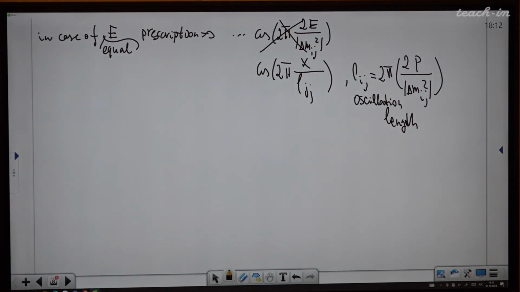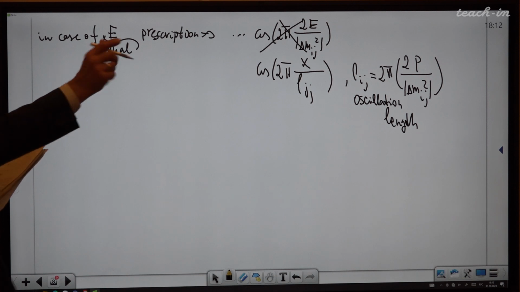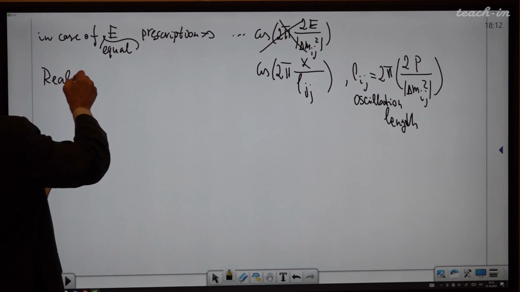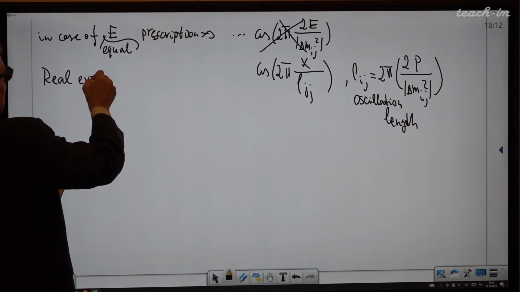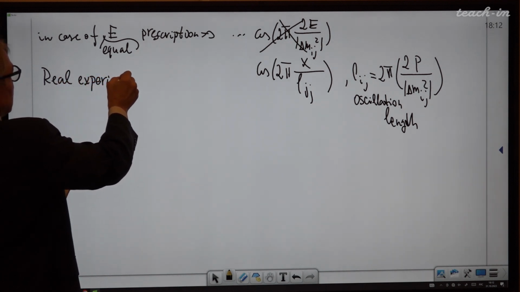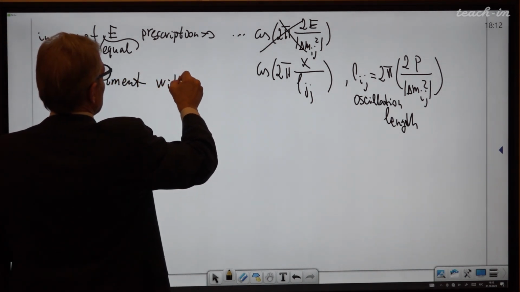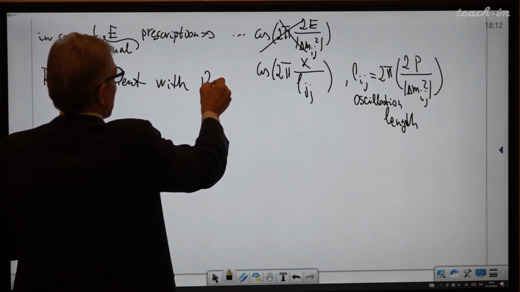Now let's turn to the more pragmatic question: how to use these general academic formulas to interpret a real experiment, for example with solar neutrinos.